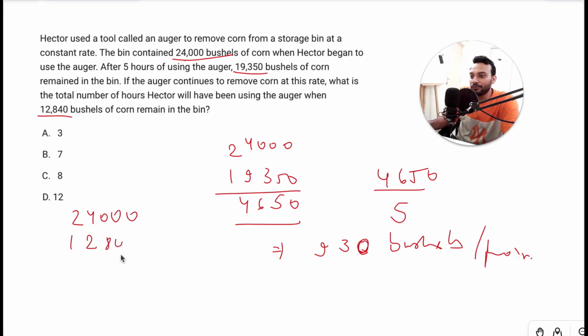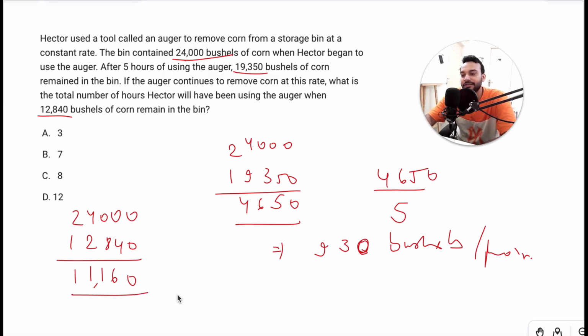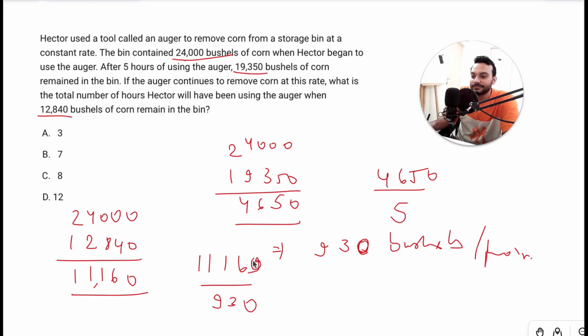So how many are removed? 11,160 bushels were removed. And let's divide this by 930 to get the number of hours it took to remove this many. 11,160 over 930. So zeros cancel: 1116 upon 93.